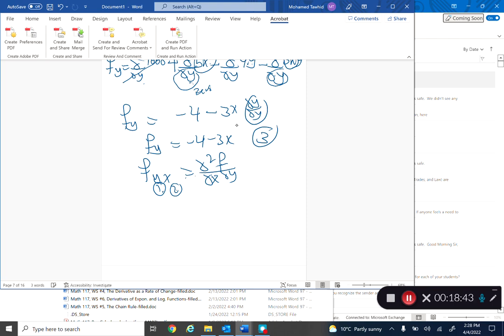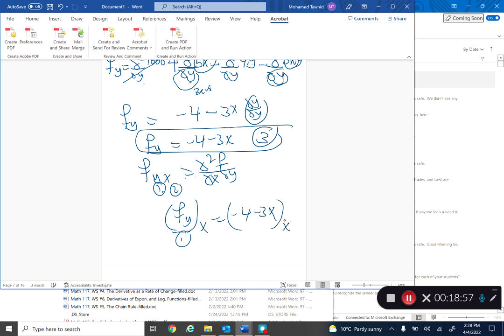So fy is equation number 3. Here you have fy between brackets and x outside. That comes from equation 3, which is negative 4 minus 3x, and I have to take the derivative of that with respect to x.